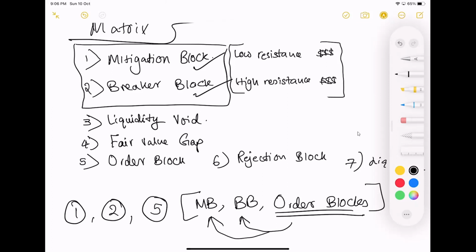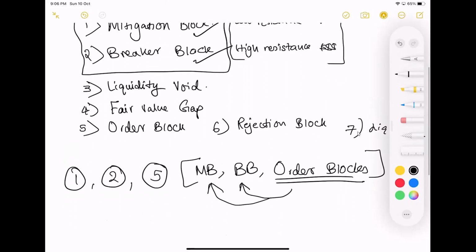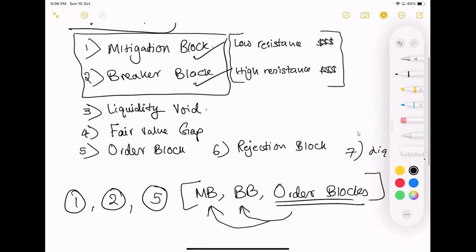Reinforcing order block theory, right? Which means that the majority of the PD array matrix is based on order blocks and how they look on various time frames. This entire part, I'm expecting everyone to know.